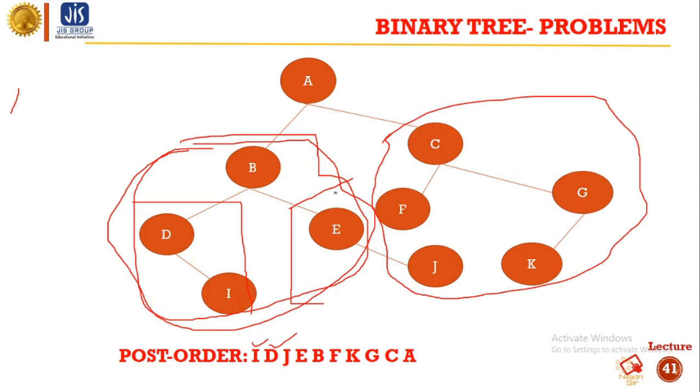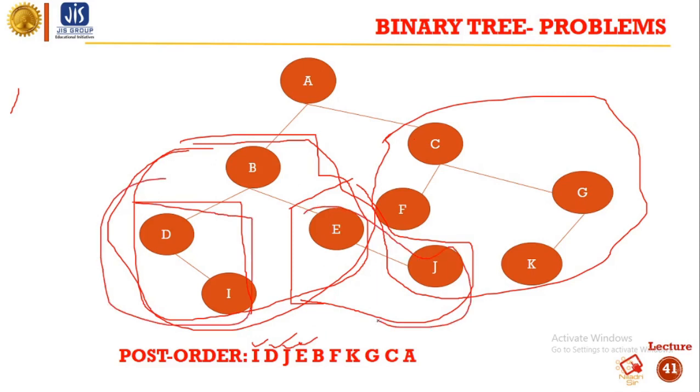Sorry, E and J are there. J is the right and E is the root. So first J, then E. This left part is done, right part is done, and now B will be.